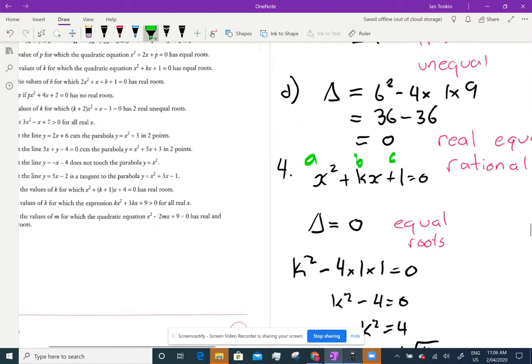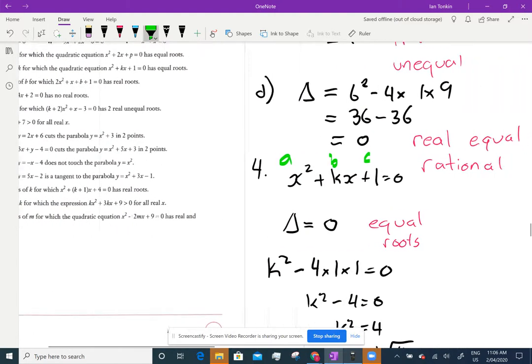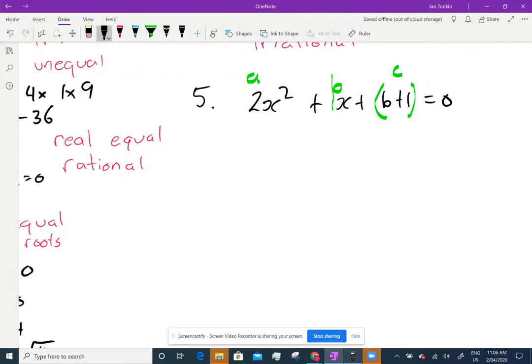And what are we finding in 5? Has real roots. So for real roots, the discriminant is greater than or equal to 0. Because if it equals 0, you get real roots, you get a double one. But if it's greater than 0, you get 2 real roots as well. So what's my discriminant? b squared, 1 squared, minus 4 times a, 2, times c.